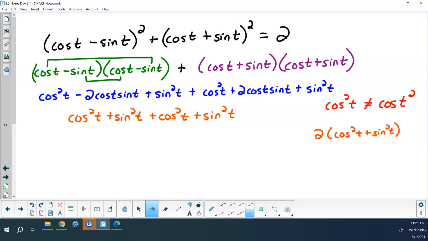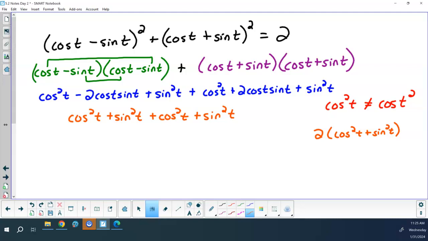As long as you put it in parentheses, I'm okay with it. If you don't put it in parentheses, then it's not correct. Okay? Because these two are opposites. Negative 2 cosine sine plus 2 cosine sine makes 0.